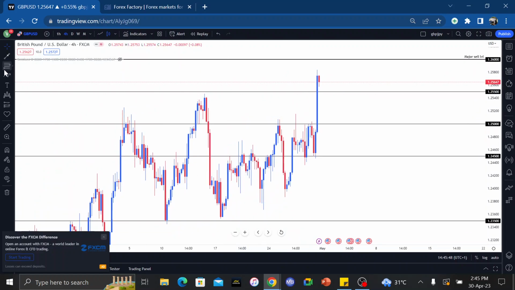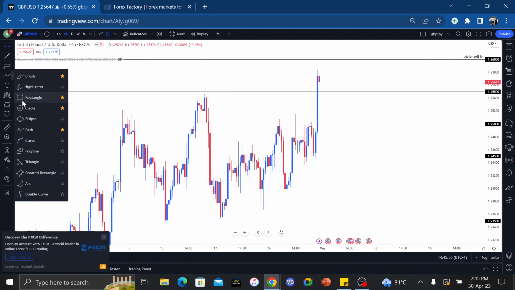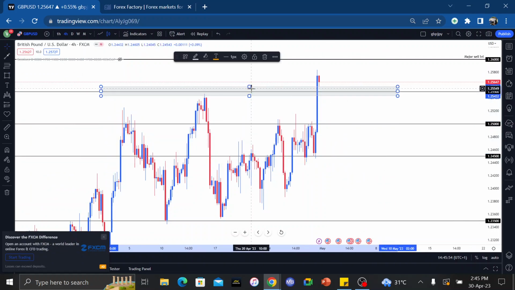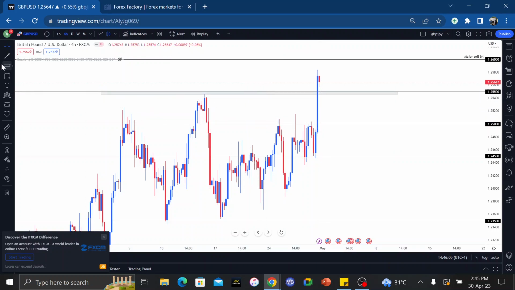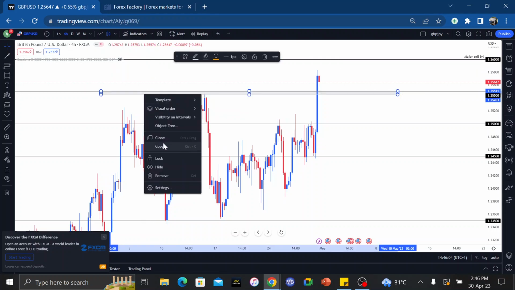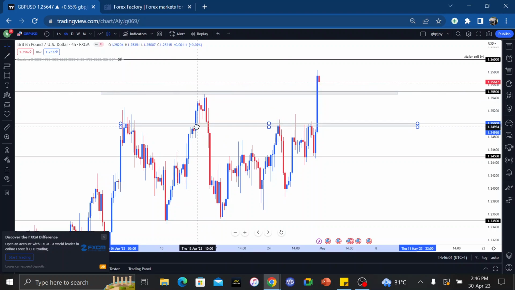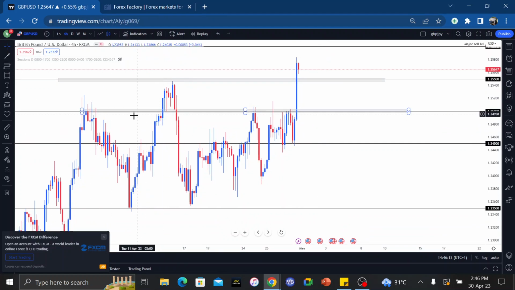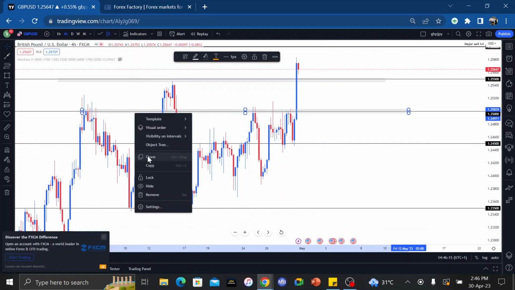So the trade ideas for this particular week: pay attention to this level. Also let me clone this, I like this. And also pay attention to this level here, and still this other level.